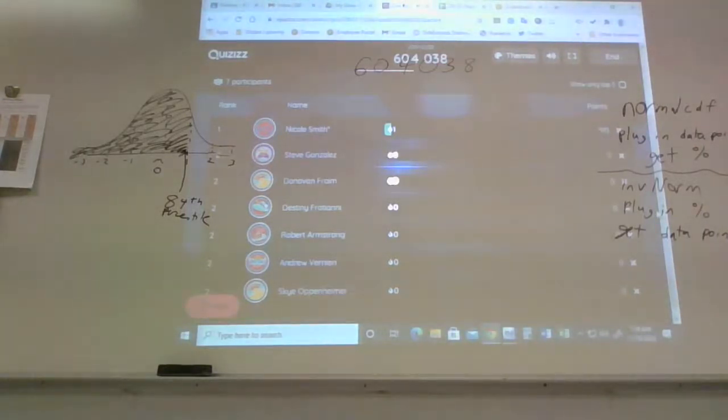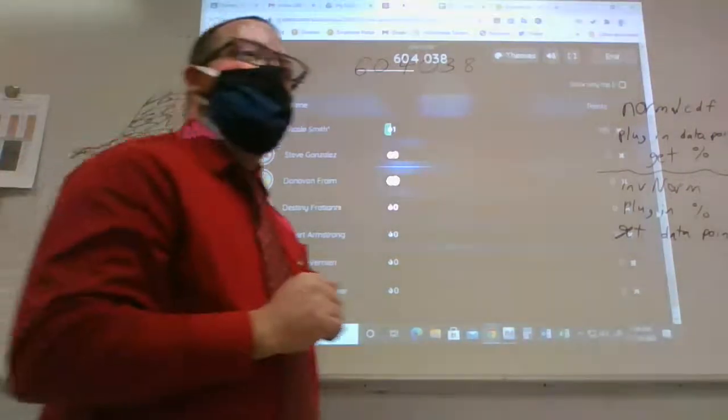Just normal CDF. But normal CDF and inverse norm. If you see what I wrote to the right of the board, I have normal CDF. Basically, you plug in the data points to get a percentage. Inverse norm, you plug in a percentage to get the data points.